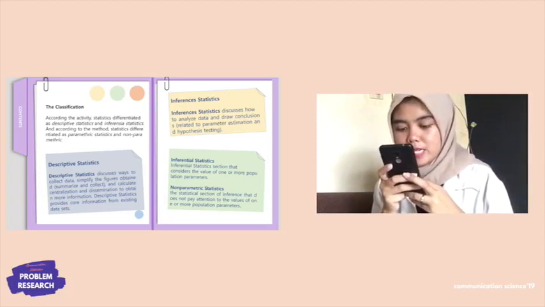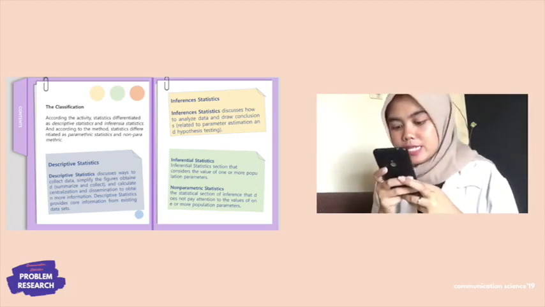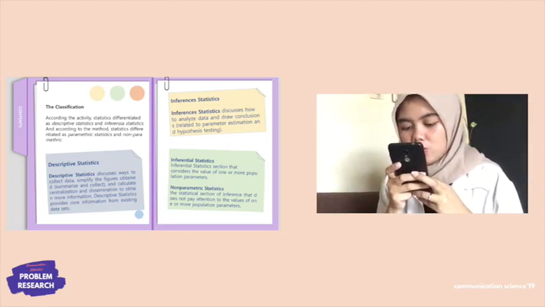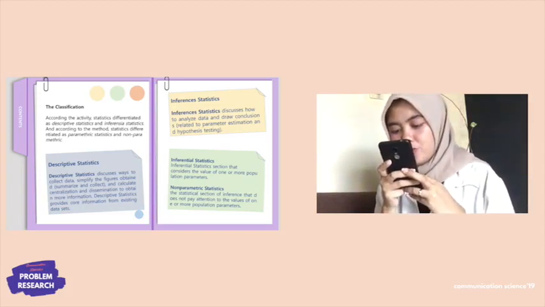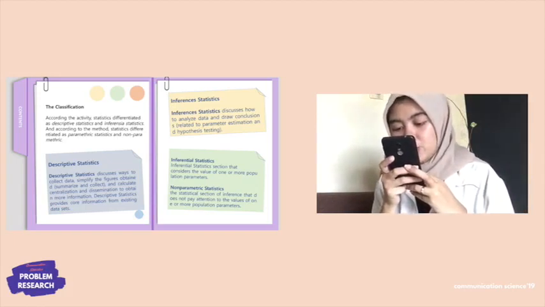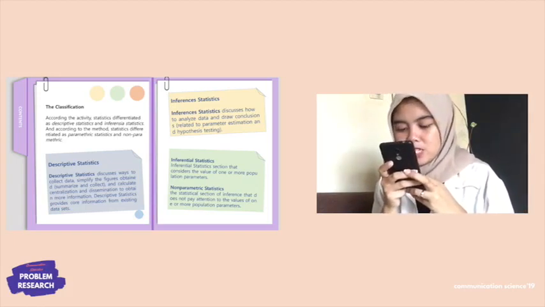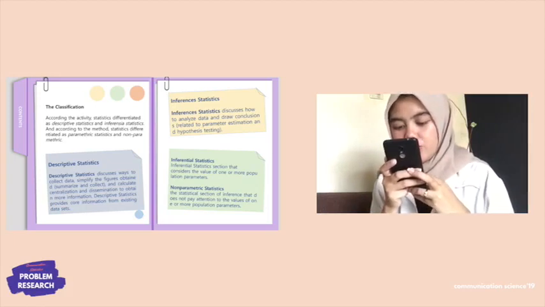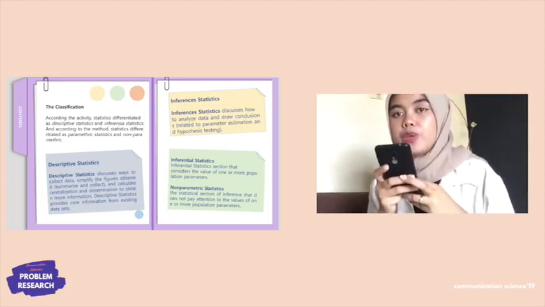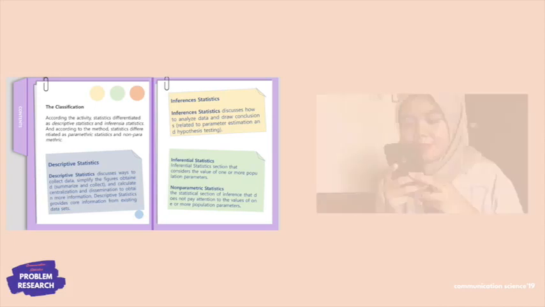Second, inferential statistics. Inferential statistics discusses how to analyze data and draw conclusions. Also called inductive statistics because conclusions are based on only a part of the data, or what we call a sample.